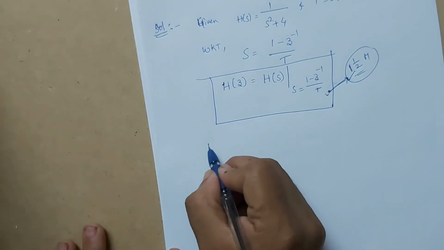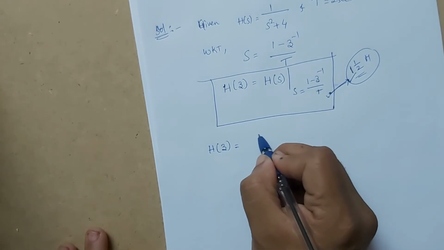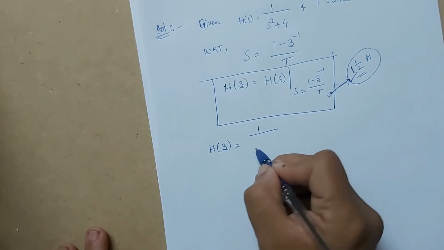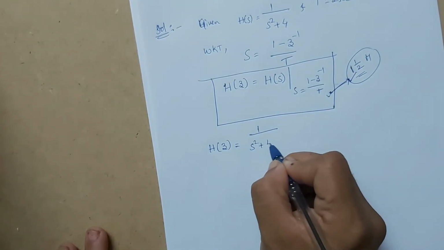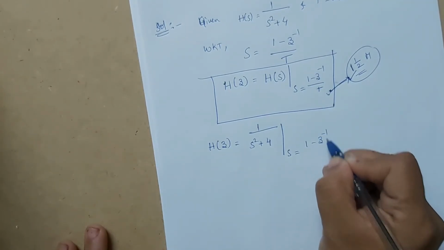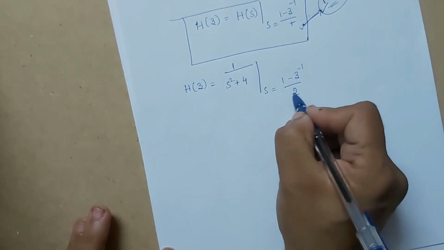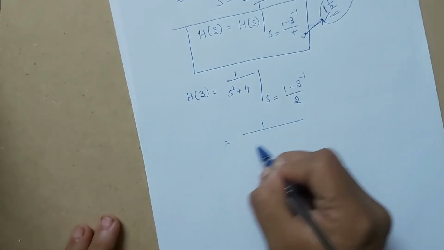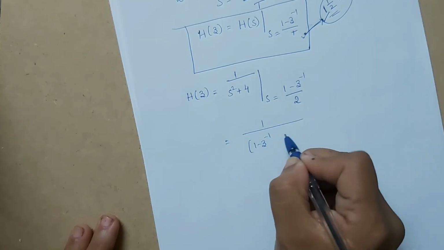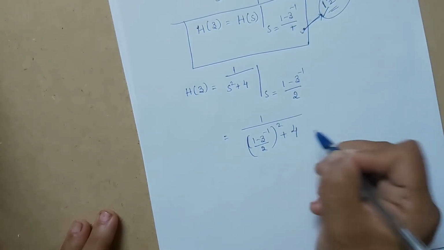So now substitute: H of z is equal to H of s, and what is H of s here? 1 by (s square plus 4) at s equal to (1 minus z inverse) by T, where T is 2. After substituting, we get 1 by [((1 minus z inverse) by 2) whole square plus 4].